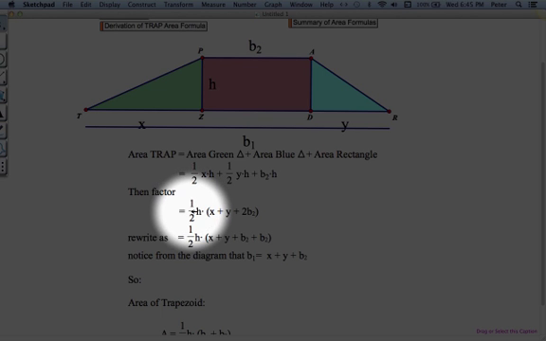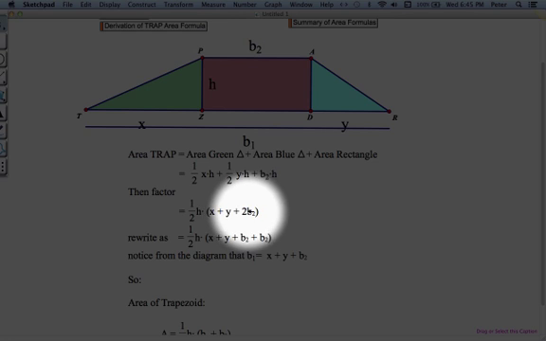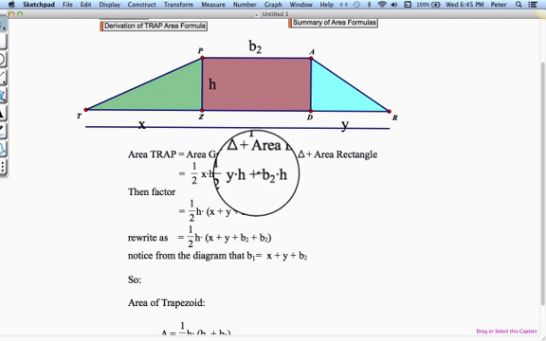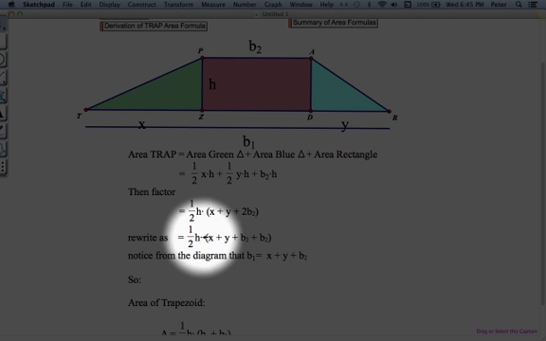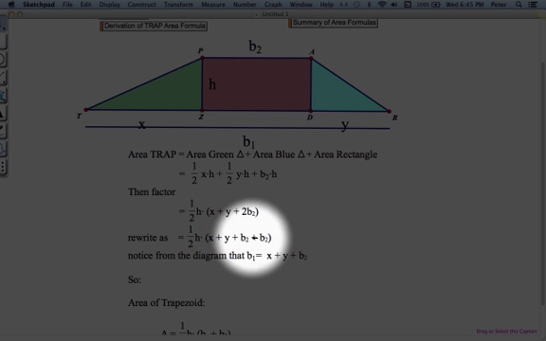So I'll factor it out, and I have 1/2 h times the quantity x plus y plus 2b2. The 2b2 comes from when I factor a 1/2 out of the b2 times h. Alright, so I'm going to rewrite that now as x plus y, and I'm going to break up the 2b2 into a b2 and another b2.